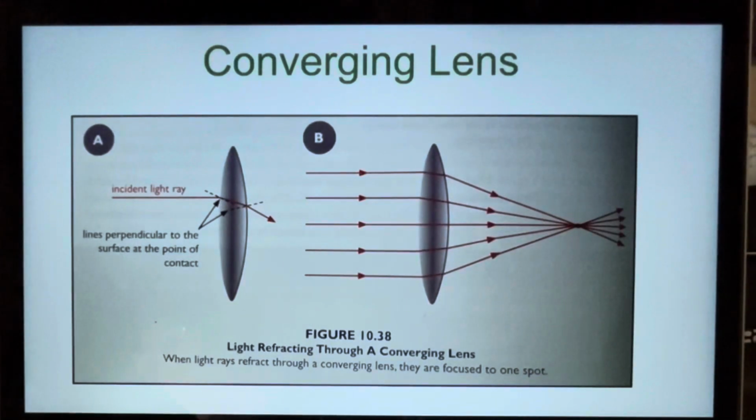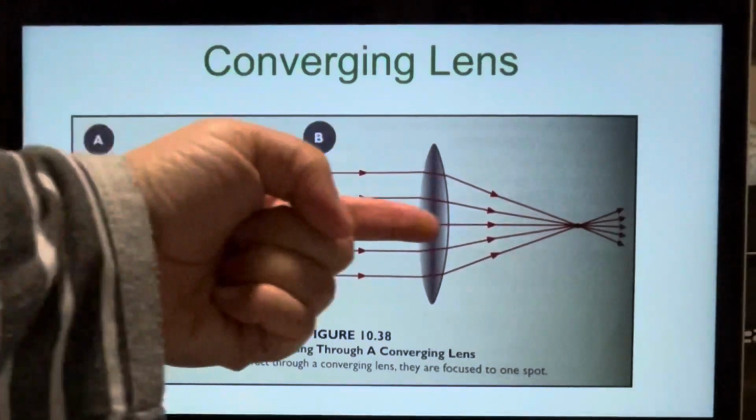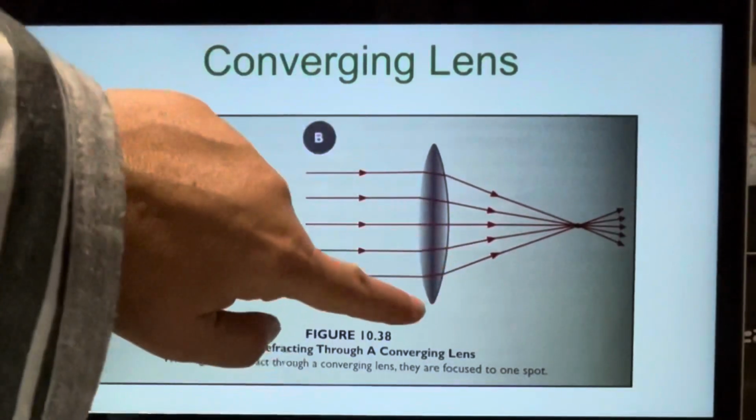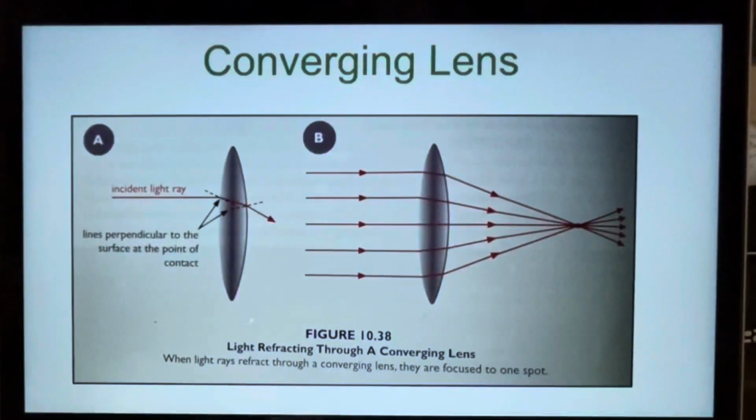If you were to do this for several light rays traveling horizontally toward the object, you would have what is shown in figure 10.38b. It turns out that a transparent object shaped like the ones in 10.37 and 10.38 will always focus horizontally traveling light rays through a single point called the focal point. So what it's saying is these horizontally traveling rays will always be focused right here to a focal point.